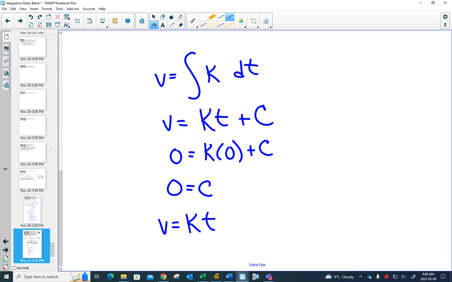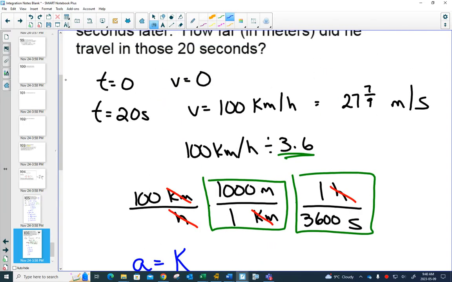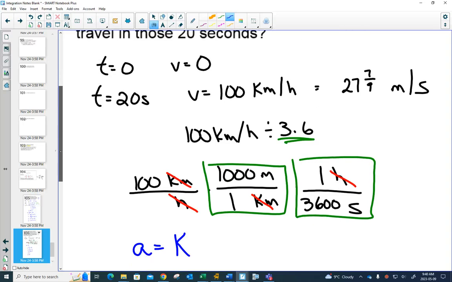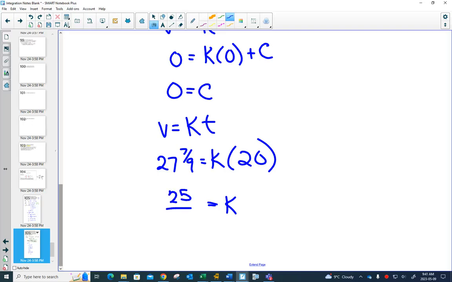And since we know the velocity at time 20 is 27 and 7/9, I can plug in the 27 and 7/9 and solve for k. I changed it back to a fraction, and I got k as 25/18.